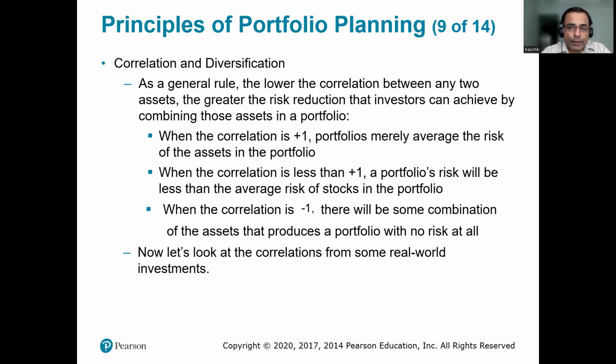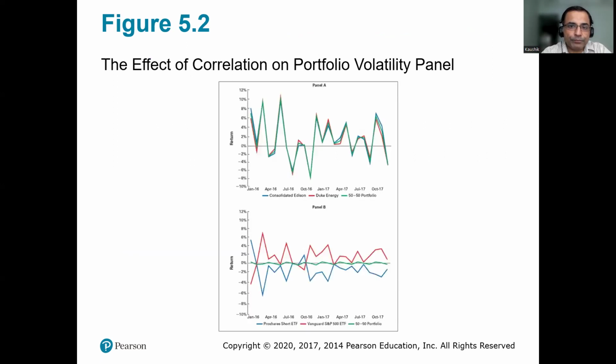So what we see is if it is less than perfect positive correlation, the standard deviation of the portfolio decreases. When the correlation is -1, that is perfect negative correlation, then we can find some combination, some weightage of individual assets which will lead to zero risk. So this is the benefit of portfolio. So we can find a combination of assets which have perfectly negative correlation, and we can combine them in certain percentage which leads to zero risk.